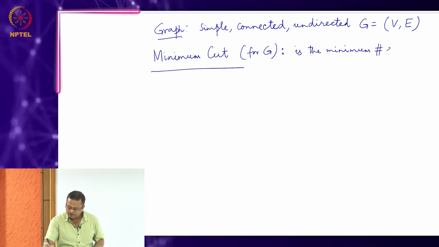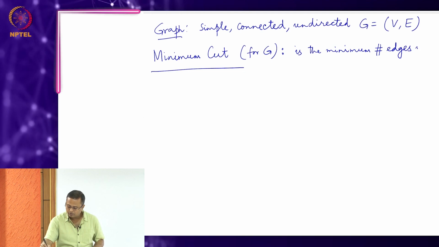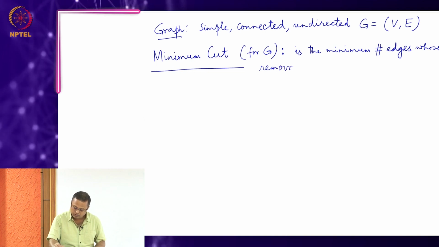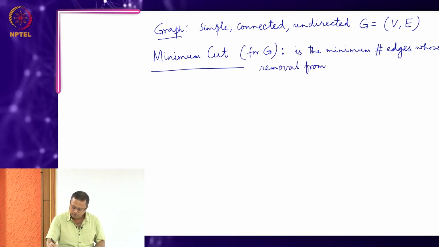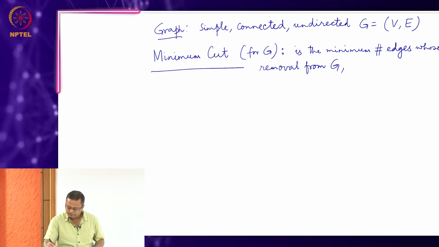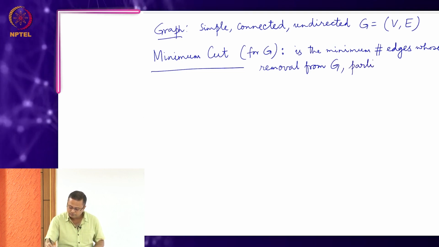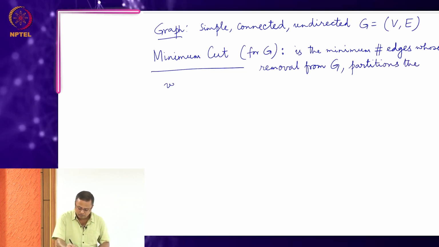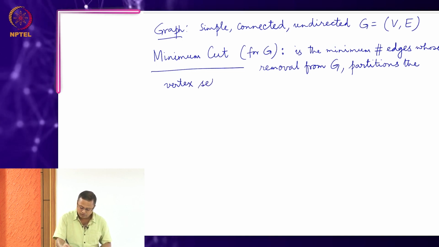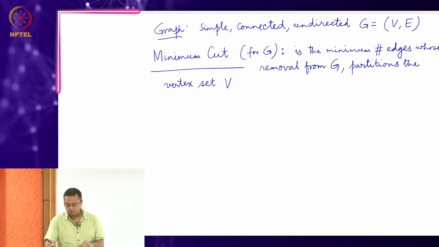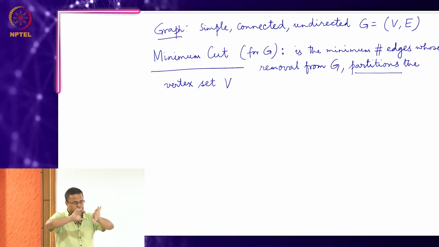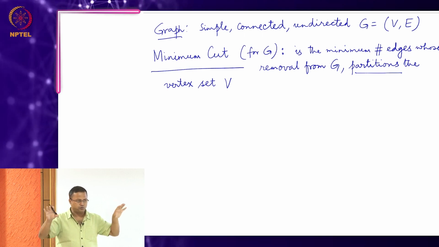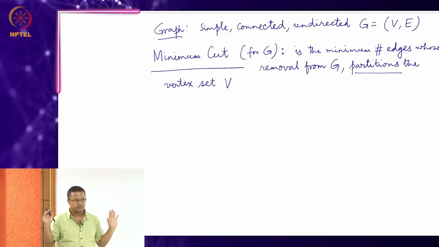Is the minimum number of edges. So, mind you, this is a partition. Partition means that if you look at V breaking up into V1 and V2, then V1 intersection V2 is the null set.